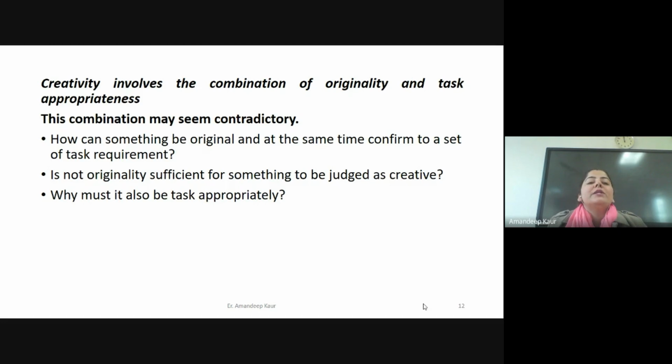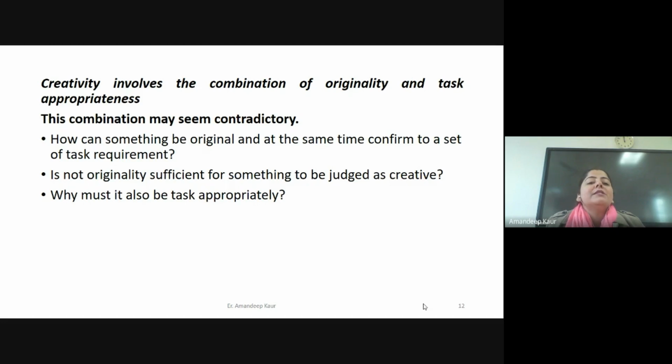So if students are doing something new with a very unique idea, and at the same time we need to consider our academic conditions, that is task appropriateness, there are certain decisions that need to be made by the departmental faculty.